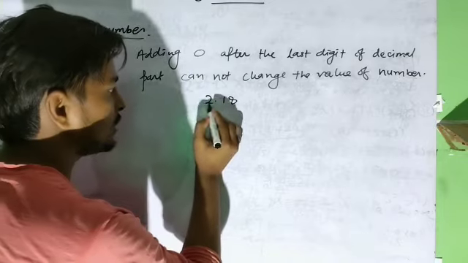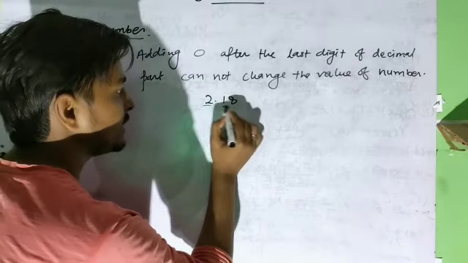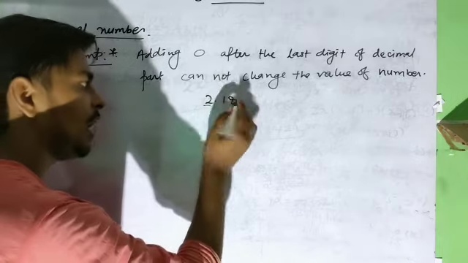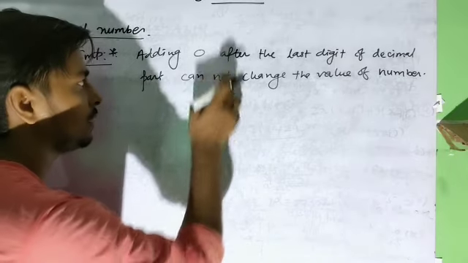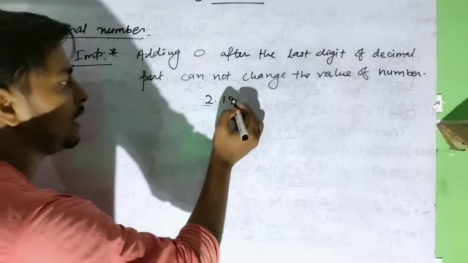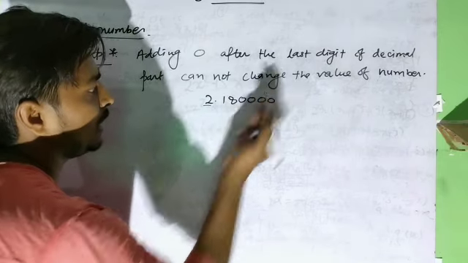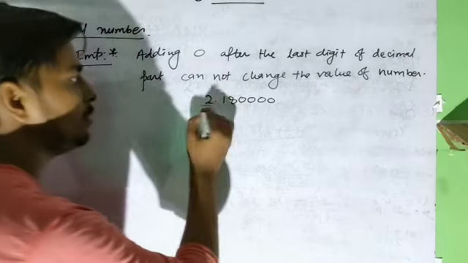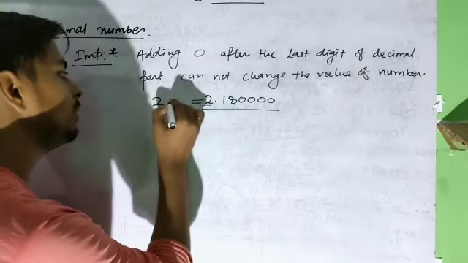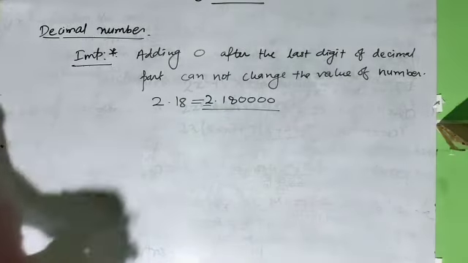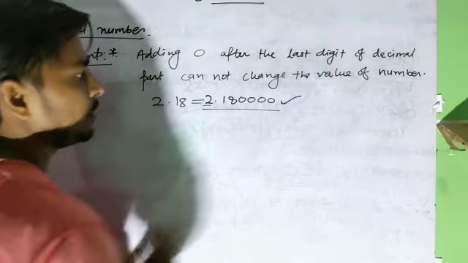This is the whole number part 2, this is the decimal part 1 8, so 8 is the last digit. After this digit, if you are adding zeros, there will be no change in the value of the original number.